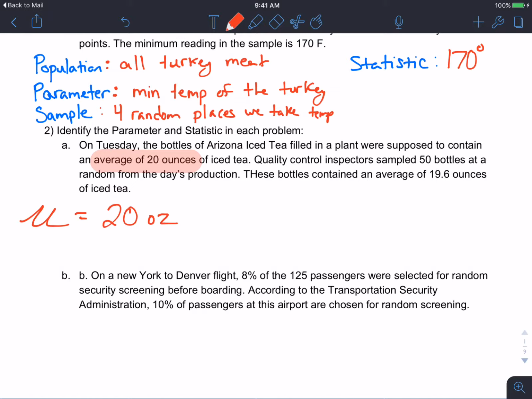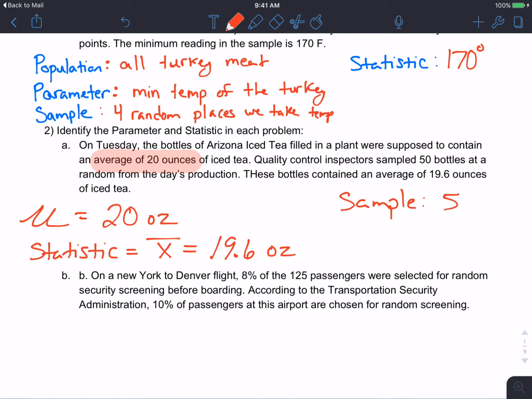These bottles averaged 19.6. So the statistic, the mean, was 19.6 ounces. Our sample there was 50 bottles.